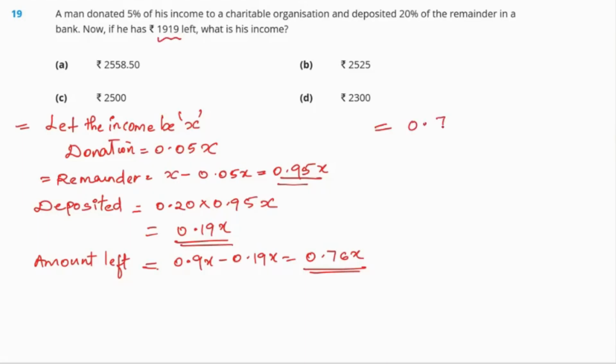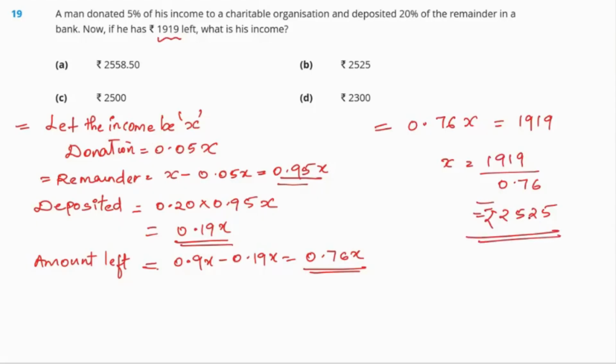This is the left amount. So we can write 0.76X is equal to 1,919 rupees, or X is equal to 1,919 divided by 0.76. When we do this, we will get 2,525 rupees. So we take X as income, right? So X we get 2,525. So this is his income.